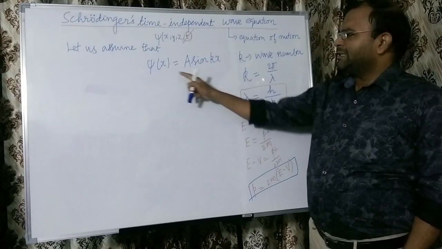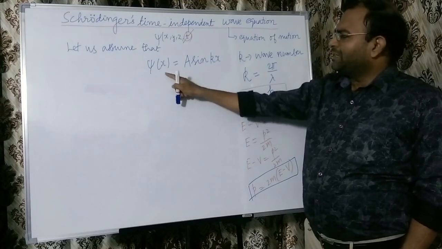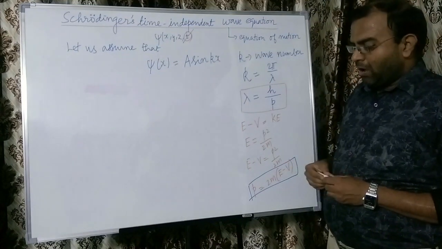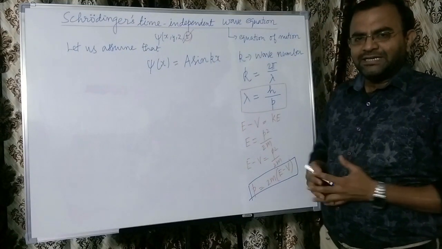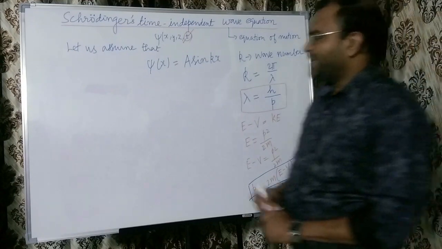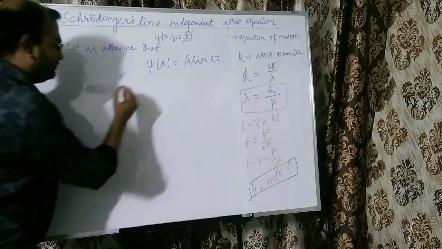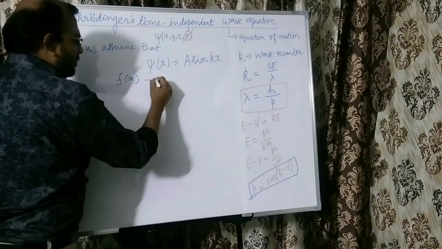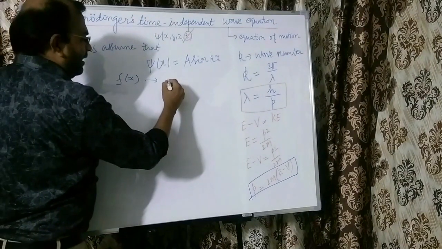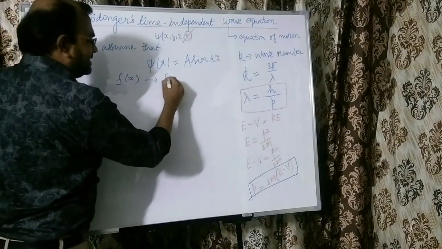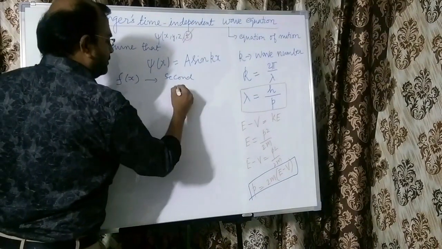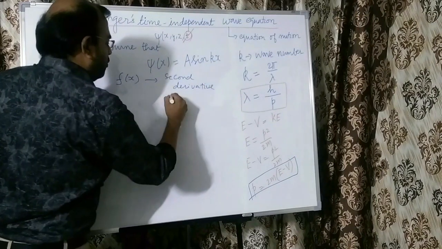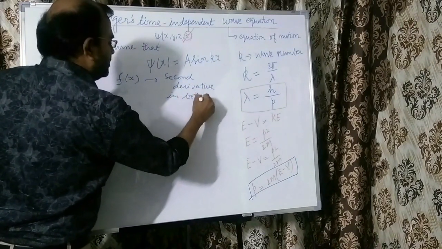First, we know that we have assumed that psi of x is equal to A sine kx. Now, any wave equation in reality is, if suppose the wave function is f of x, then the wave equation will be having second derivative in both space and time.